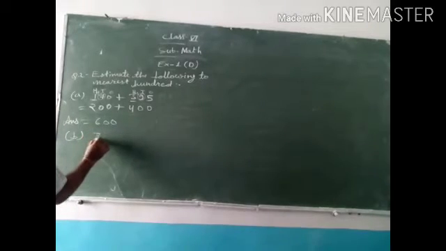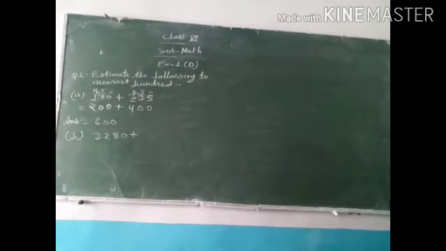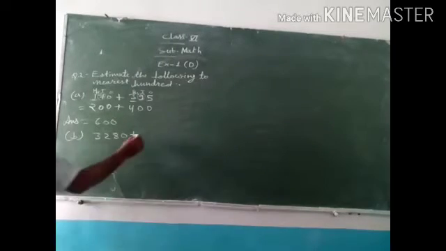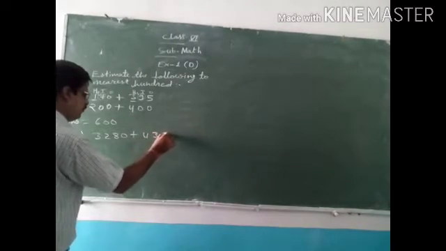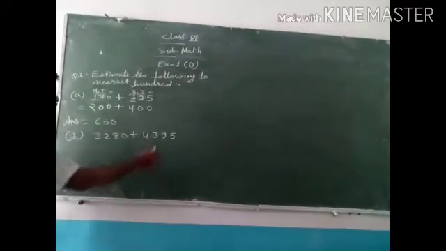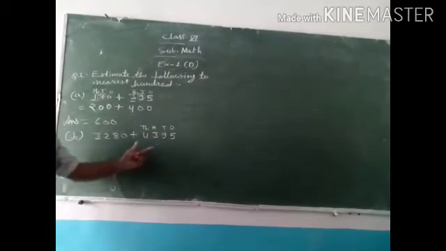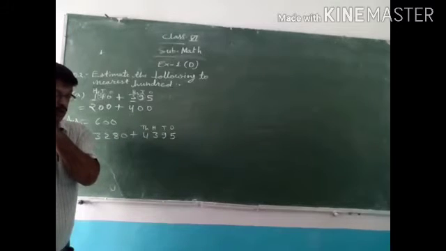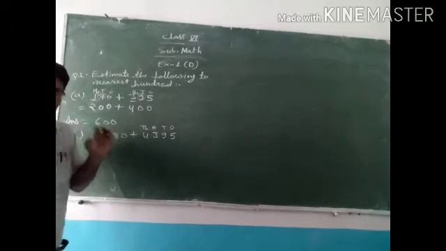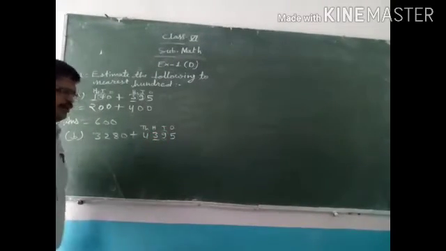Now B part: 3280 plus 4395. Okay, so now this is ones place, tens, 100, 1000. We have to round off to the nearest 100, which means we have to round off this 100 place. So we have to concentrate on the tens place.